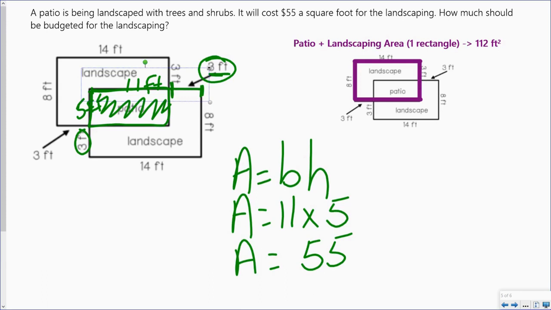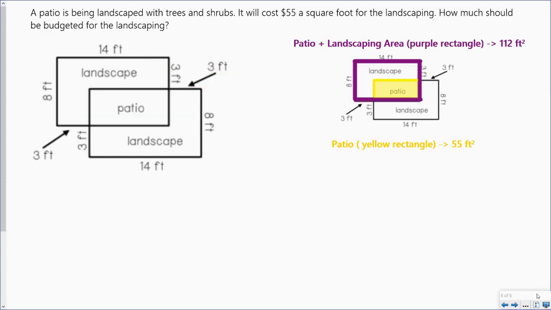Again, I'm dealing with feet, so this would be 55 feet squared. So I know the area of this rectangle here is 112 feet squared, and the area of the patio, or this rectangle here, is 55 feet squared.